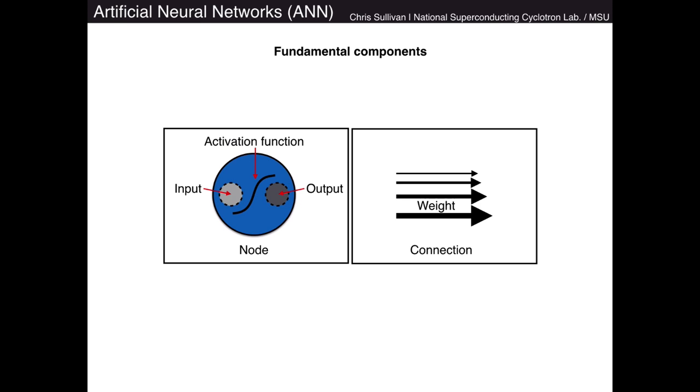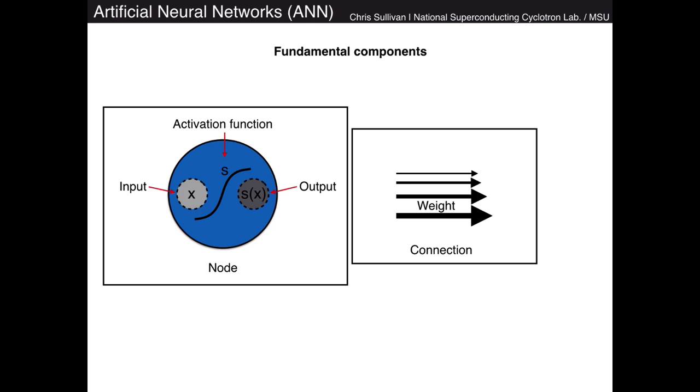It then evaluates an activation function with this input as its argument, and this activation function is essentially just some kind of monotonic function which represents activation. So this is where you get the idea of a neuron in a neural network, where this could easily be a step function, or some kind of logistic sigmoid, or a hyperbolic tangent.